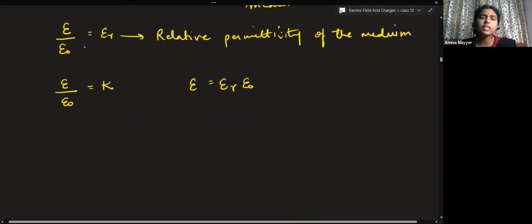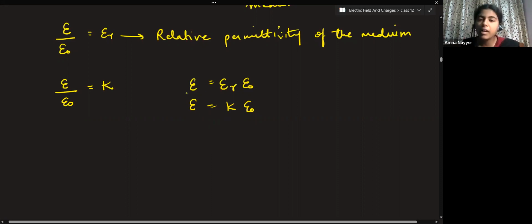From this equation you can just cross multiply and get the value of epsilon, so this will be K multiplied by epsilon naught. So these are the two values of relative permittivity that you can have.